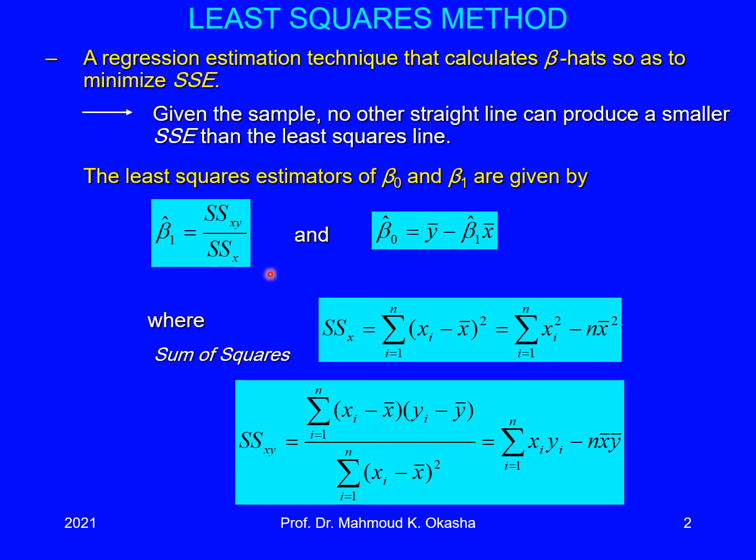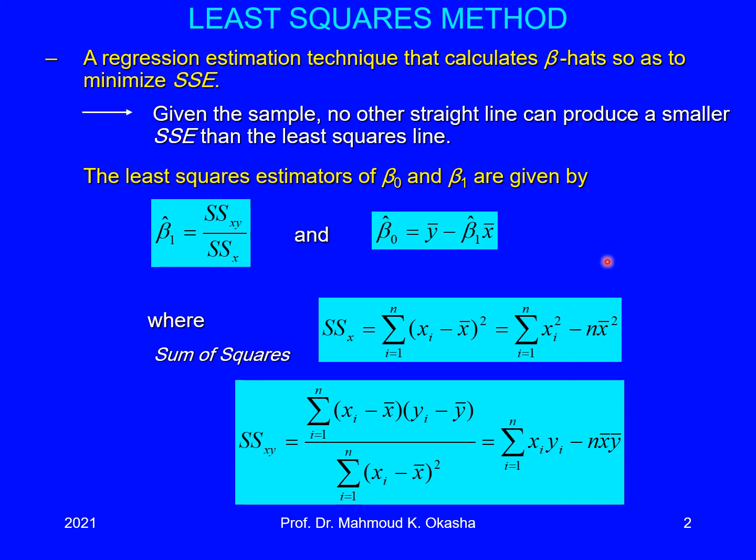So if we have these values, then we have the equation of the straight line, which is the simple linear regression model, which we talked about in the previous session.